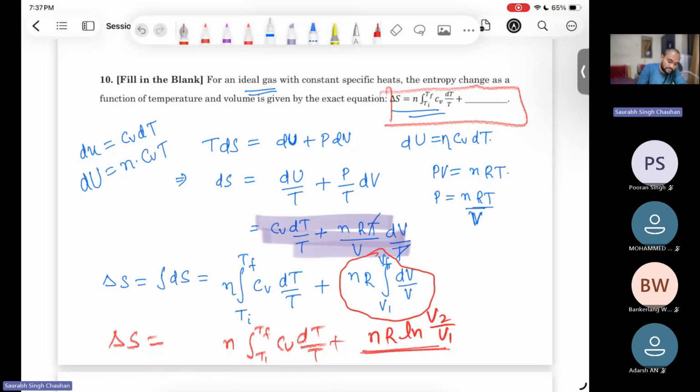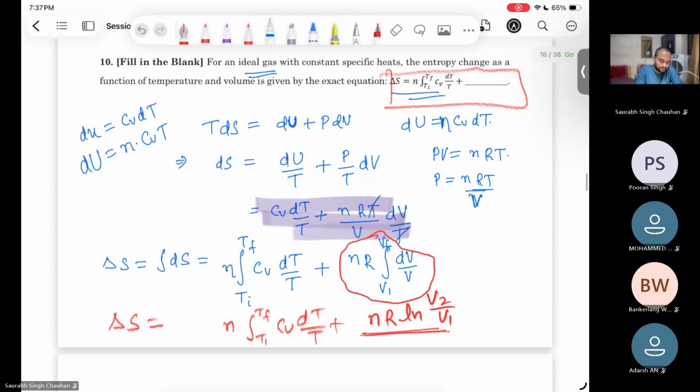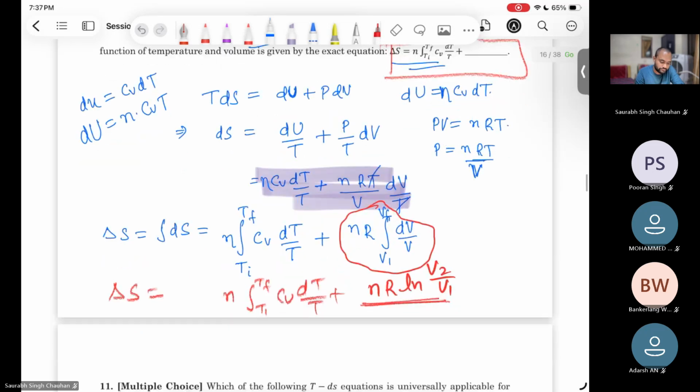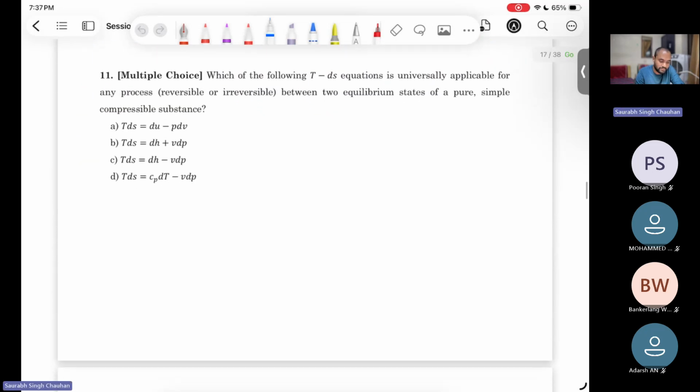So n will be there, not per unit mass but per unit mole. It is just the extensive and intensive form. So if this was small u, then no n, but we are writing capital U.